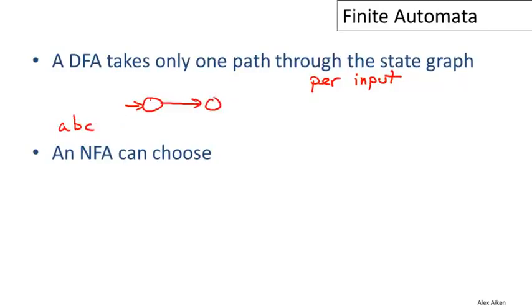If we look at the sequence of states that the deterministic automaton will take for that input, this path through the state graph is completely determined by the input because, again, it has no choice. In a given state, there's only going to be one transition labeled A, and it's going to take you to a state that only has one transition labeled B, and that goes to another state that only has one transition labeled C. And so every input determines the path through the state graph that the automaton will take.